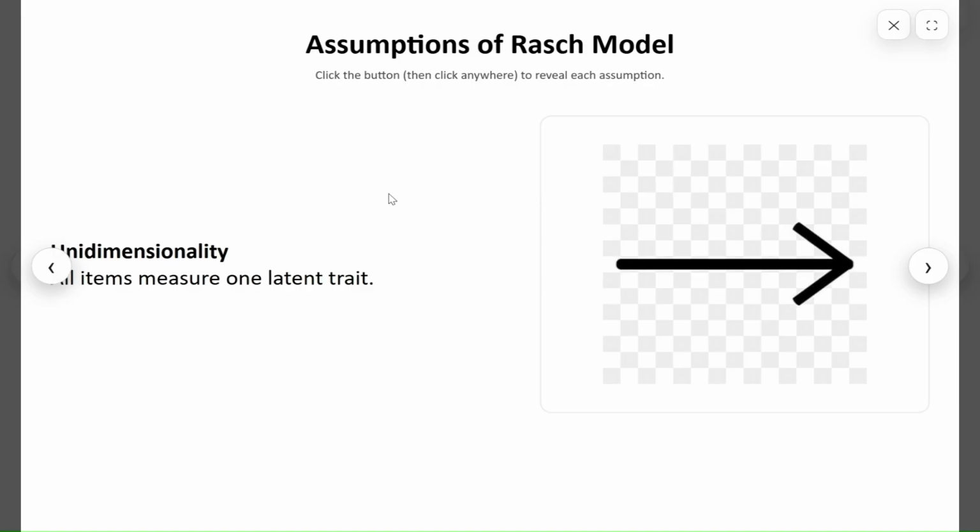So this highlights really the importance of trying to reduce multidimensionality if you have an exam of a module which has multiple disciplines in it.